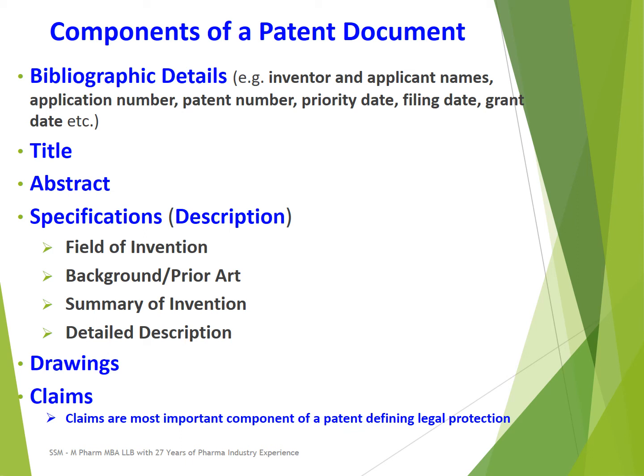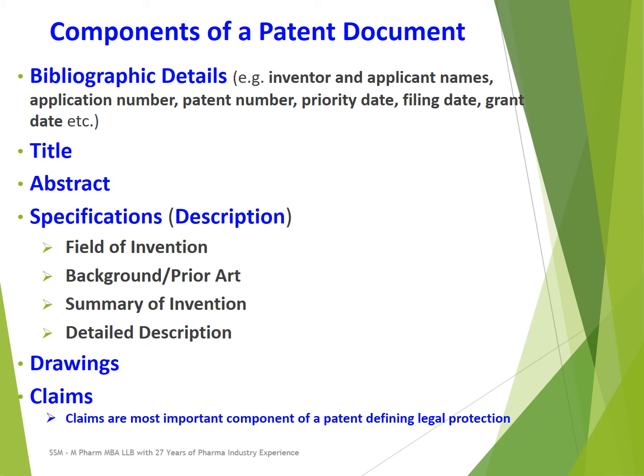And the last section and most important section of the patent document is claims. Claims are the most important component of a patent, defining legal boundary. Claims define the legal boundary of your protection. Whatever is written in the claim is protected.